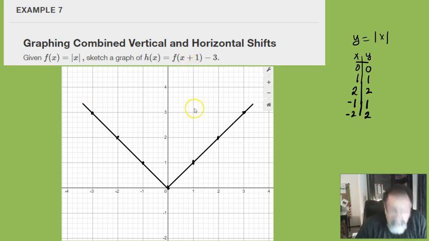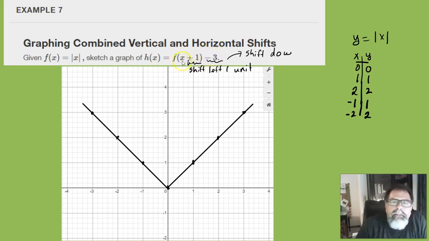Now the +1 is going to shift it left 1 unit. And then the -3 is going to shift it down. So remember, if it's inside acting on the input value, it does the opposite. So this one would be -1, and if it's outside, that's going up and down, and it does it the same way.